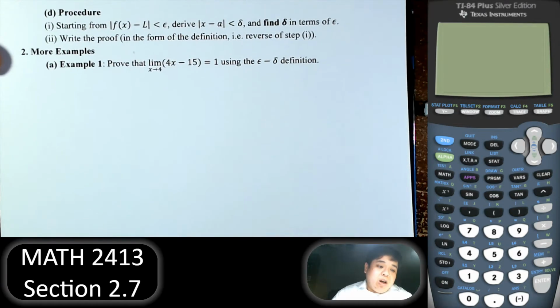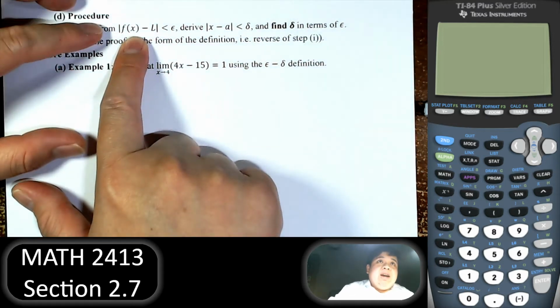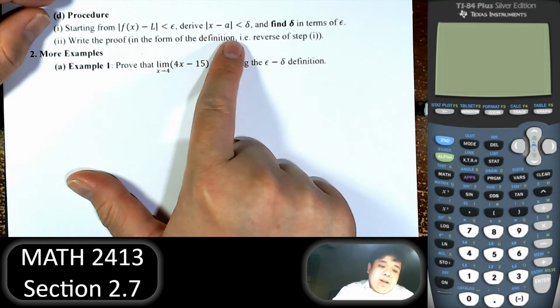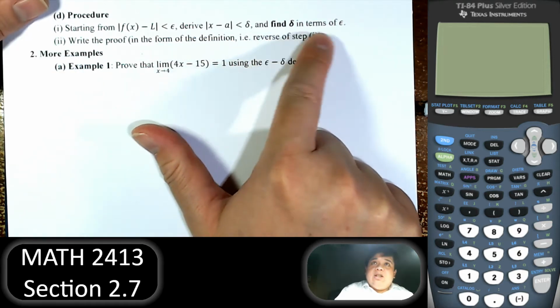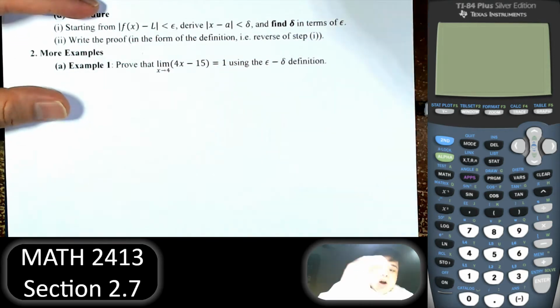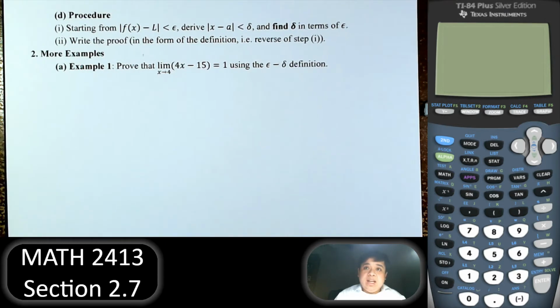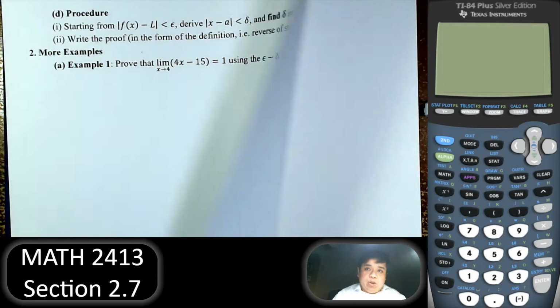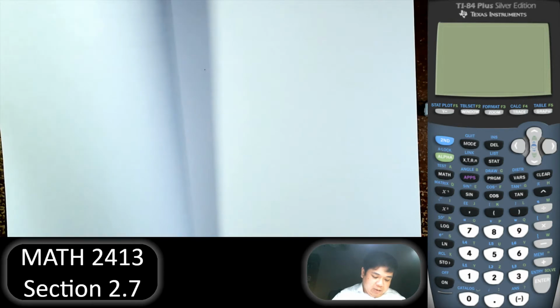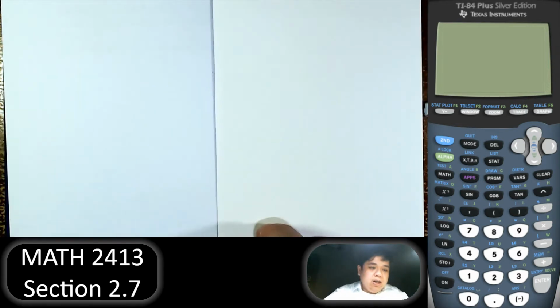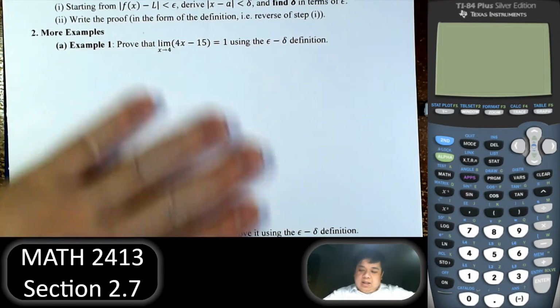The steps to write the proof are: we start with the left hand side, and then we find delta in terms of epsilon, and then we write the proof in reverse. So the actual proof of the limit using epsilon delta is only half of this. However, to get to the proof, we have to do the scratch work. So let's cut the page in half.